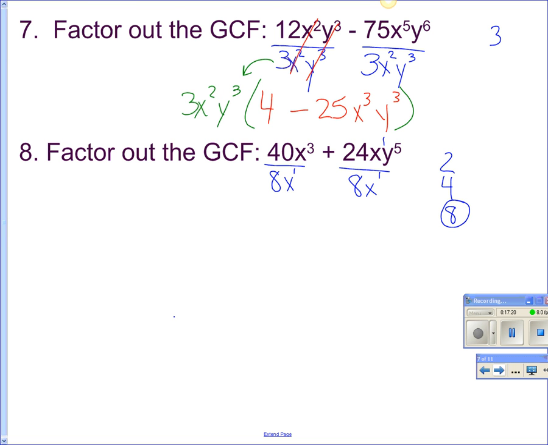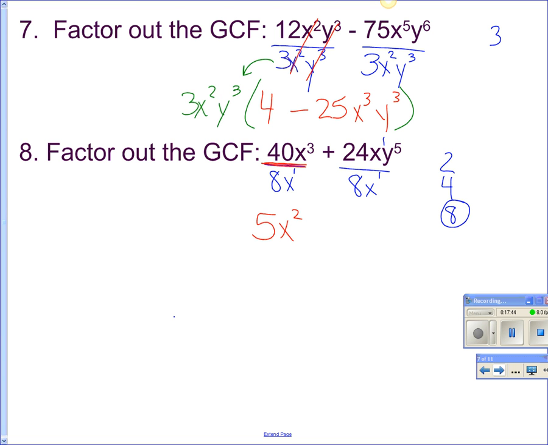All right, Andrea, what are we doing next? What does this mean to do? Add, subtract, multiply, or divide? Divide. So we have to divide next. Anybody, 40 divided by 8? 5. What do you do with the little numbers? So that gives me x to the second.